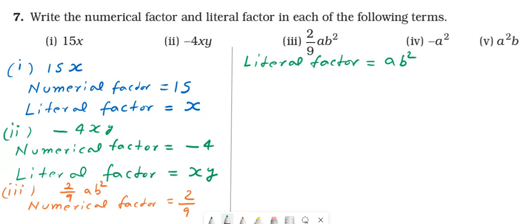Now beta, the fourth part. The fourth part is minus a square. Can we write it as minus 1 a square? Yes, we can write it, beta.